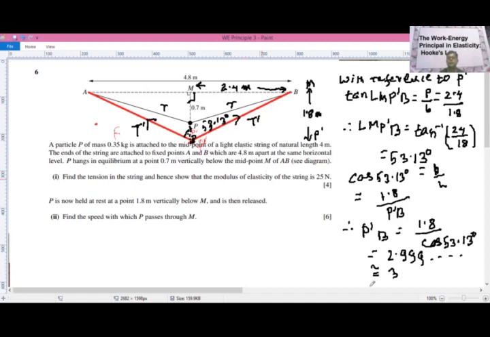Therefore in this case the extension x, or x double dash, along this way is going to be 3 minus 2 if you are considering along one side only.